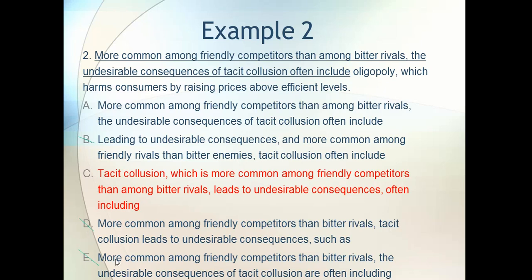Now, when you do that, you're left with A, B, or C. So continuing with the process of elimination, one way to do it again, if you want to follow the first part of the process of elimination, eliminating 4 out of the 5 possible choices and being left with the one as the right one. Since you eliminated D and E, which start with "more common among friendly competitors" with this type of phrase, you should eliminate A also.